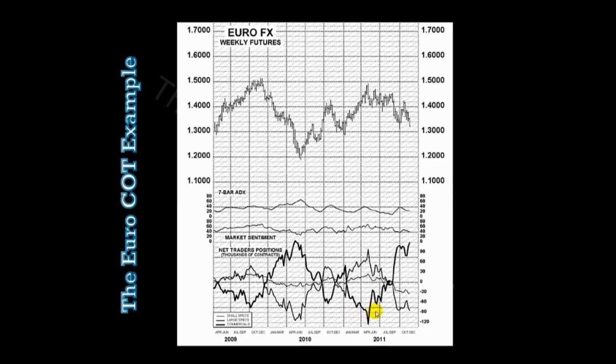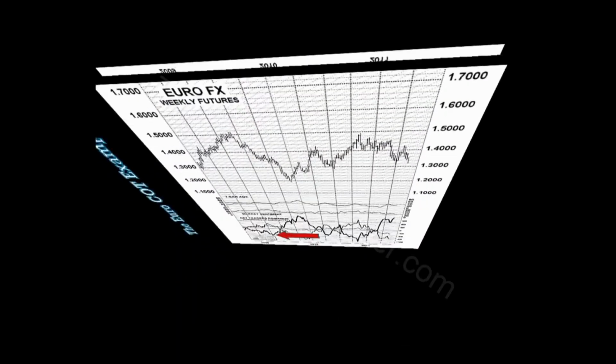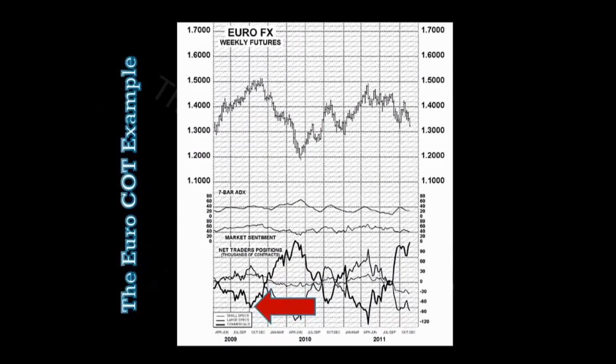Okay, so that's a graphic depiction, if you will, of the trend of the commercials or commitment of traders and commercials and how they move. But look at this example here. Okay, this is what gets a lot of folks disgruntled with the use of commitment of traders.